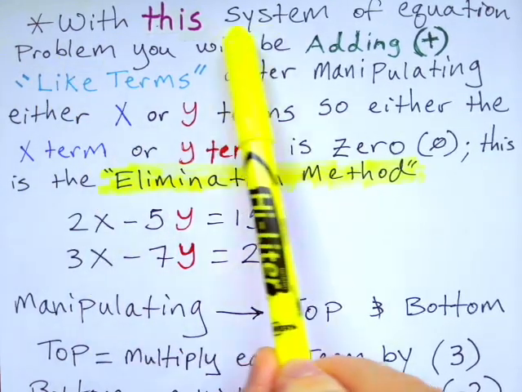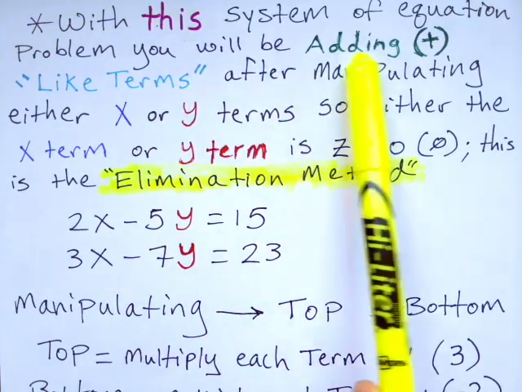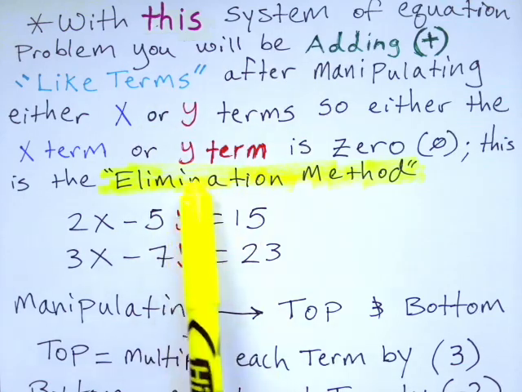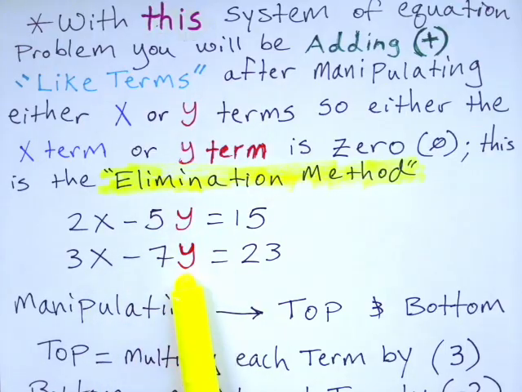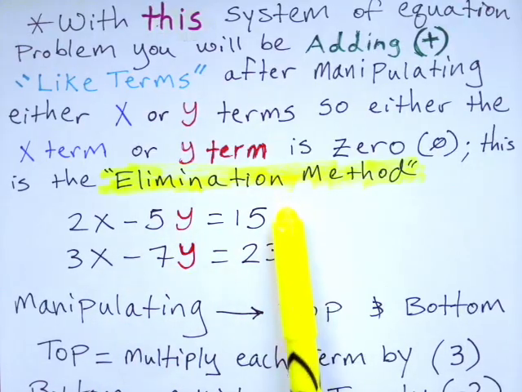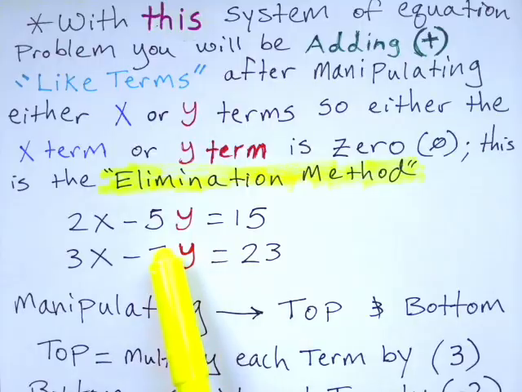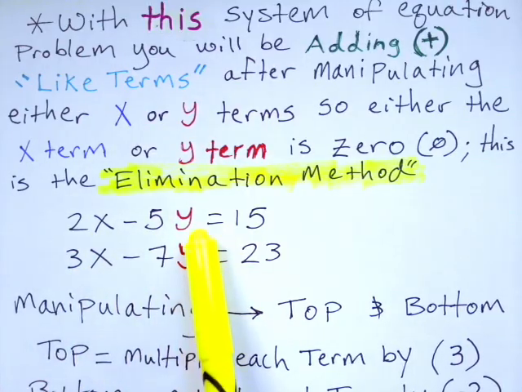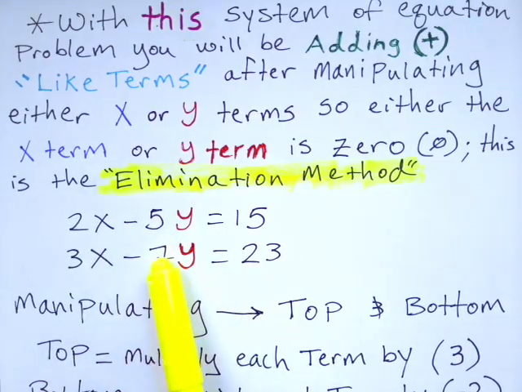With these system of equation problems, you will be adding like terms. You're going to take each of these like terms, the x's, and add them. You're going to add the y's, and you're going to add the constant numbers here. This is the elimination method, and the goal is that when you add the x's or the y's, you end up with 0 for either the x's or the y's.